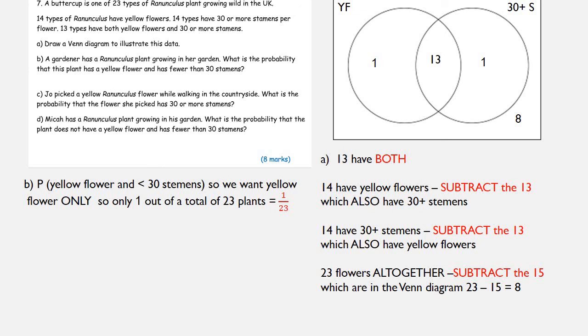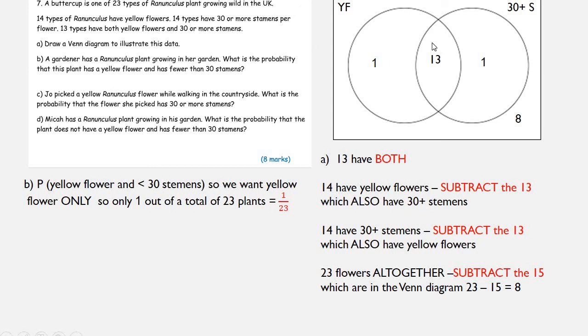Question C. Okay, this one, I think only two of you got right. Joe picks a yellow ranunculus flower while walking in the countryside. What is the probability that the flower she picked has 30 or more stamens? She's picked a yellow flower, so this is conditional probability. What is the probability that that flower has 30 plus stamens?